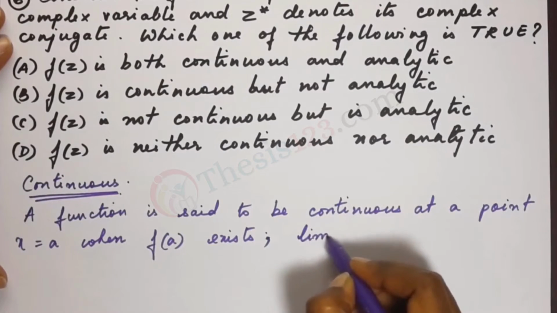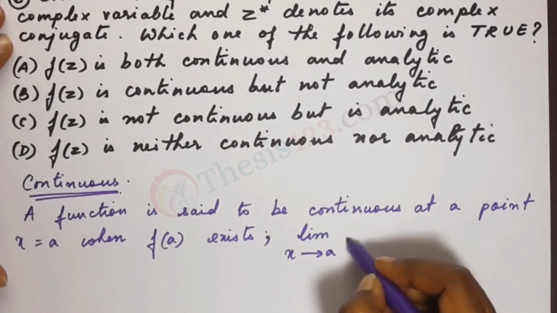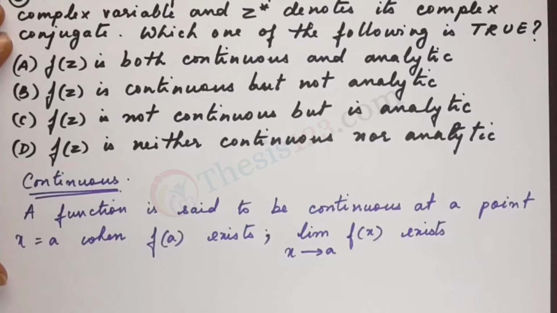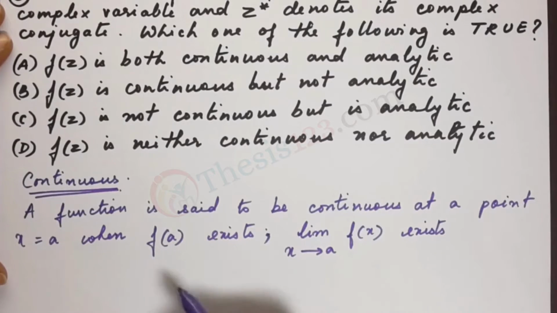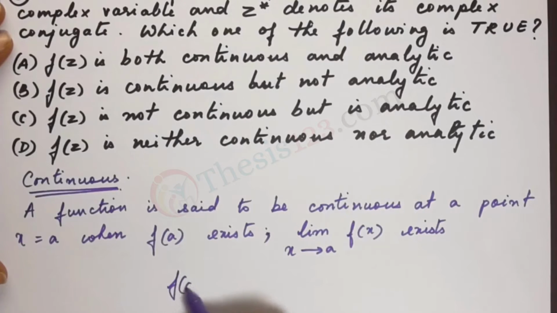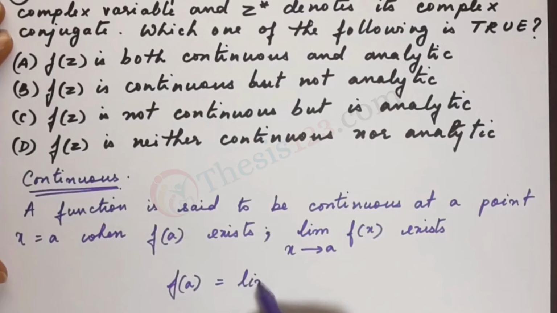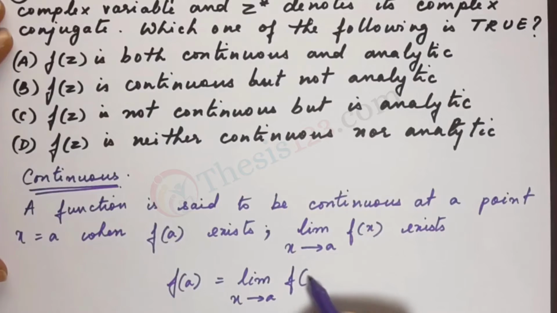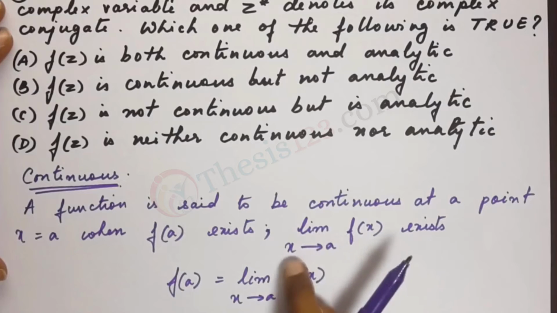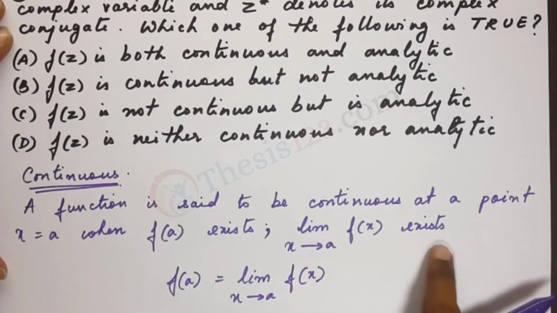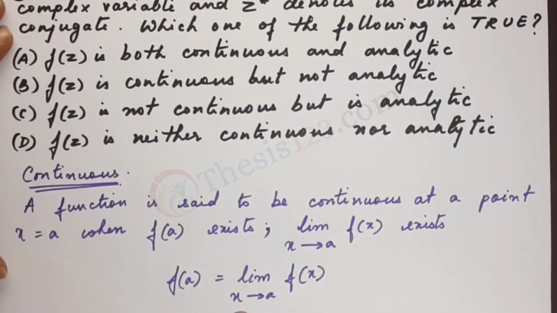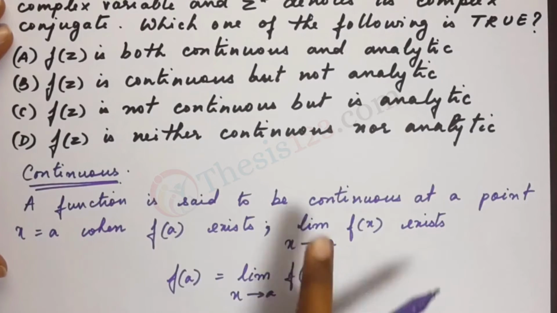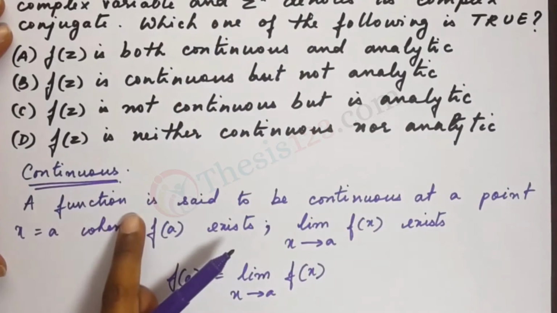Then the limit as x tends to a of f of x exists. Now these are the two basic conditions. We also have a third condition which says that f of a should be equal to the limit as x tends to a of f of x. Generally, if the limit as x tends to a of f of x exists, then f of a would equal the limit. So if these conditions are fulfilled, then the function is known to be continuous.